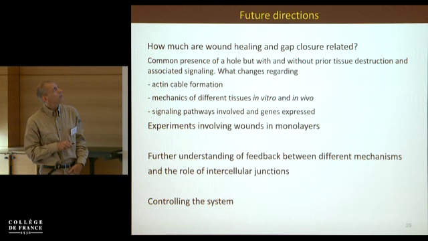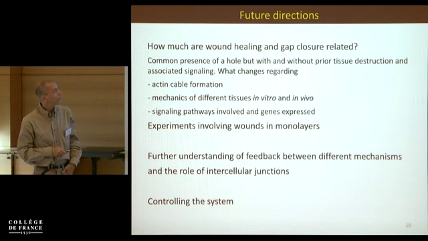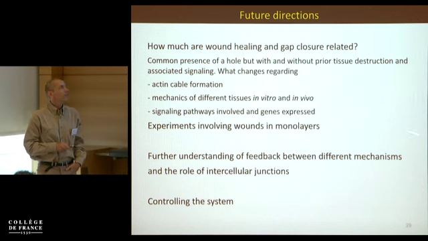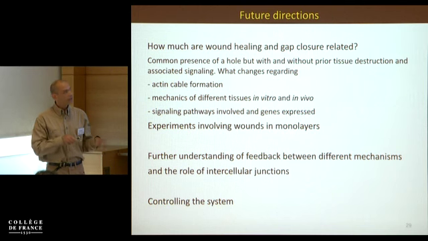An easy way of doing it is doing wounds in the monolayers with the lasers, because there you can compare that with doing the gaps in the same system and see what happens. The feedback between the mechanisms is also something which is not that clear. How do they cross-talk between the two of them to regulate and optimize the way of closing?